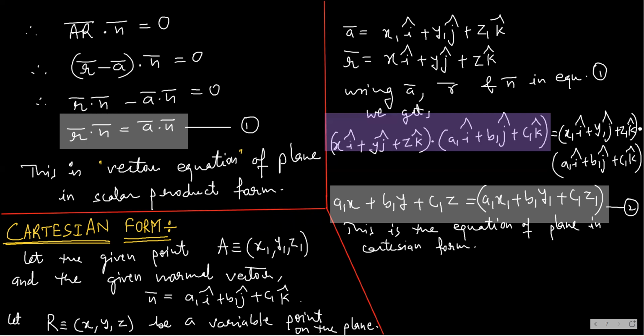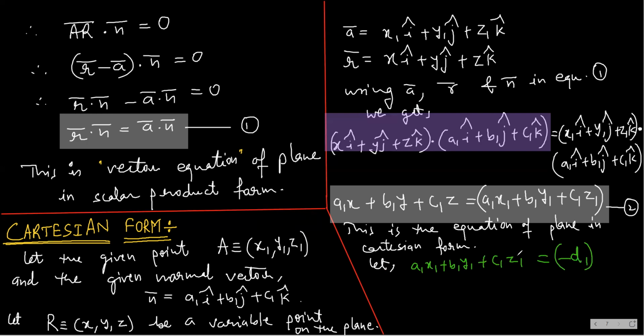So for the sake of brevity, that is to make it look small, clear and easy, see what I will write. I will write, let a1x1 plus b1y1 plus c1z1 equal negative d1.